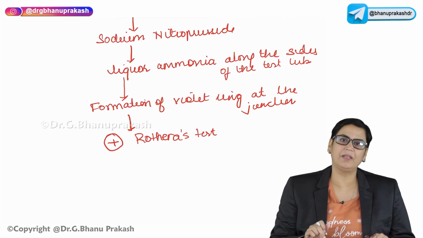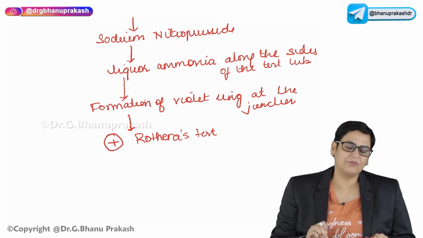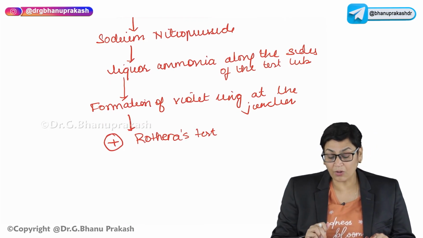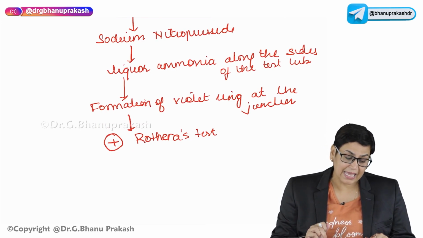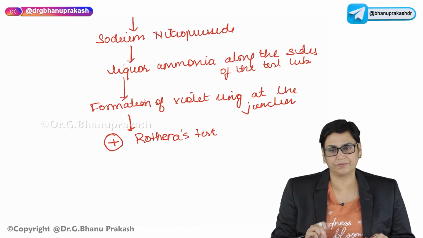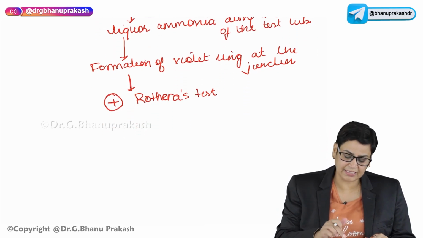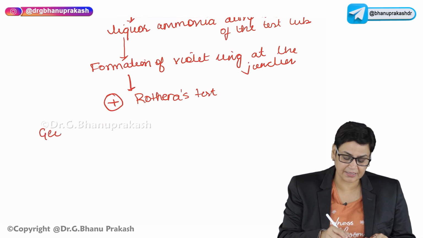So always remember that a positive Rothera's test will be there in the urine sample of the patient suffering from diabetes mellitus and during starvation also. One more test is there which is known as Gerhardt's test.